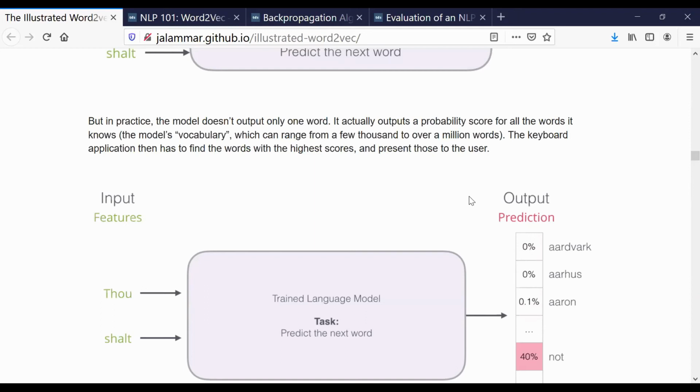There are 2 games here. One game is, what if I omit the middle word? I like to blank with my cat. Can you predict the missing word? If you can, good.